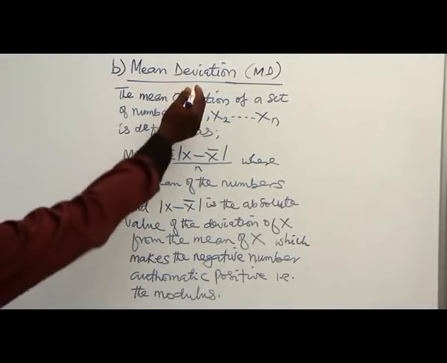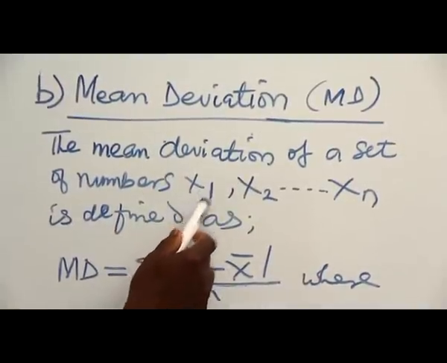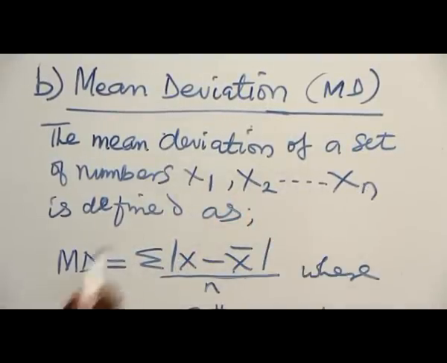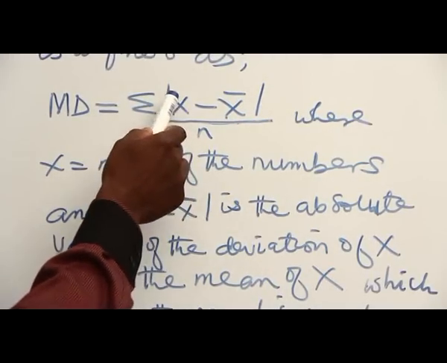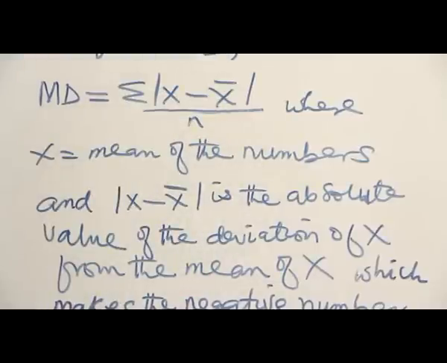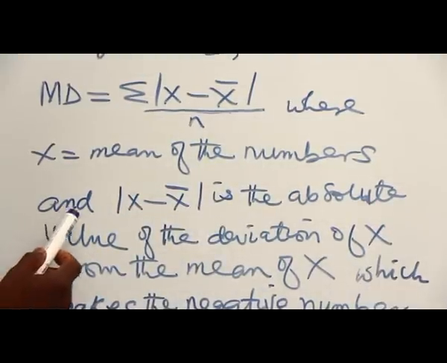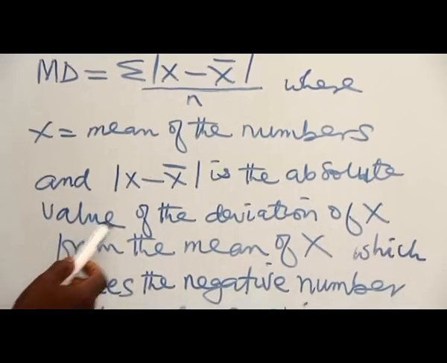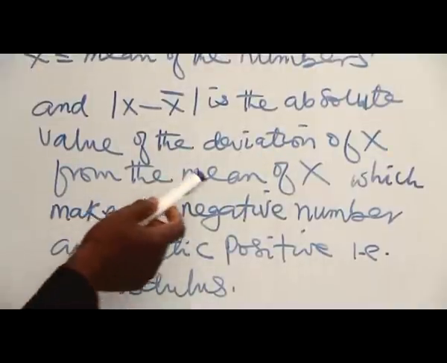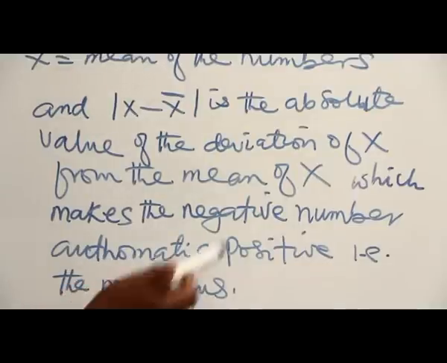B. Mean deviation, MD. The mean deviation of a set of numbers x1, x2 to xn is defined as MD equal sigma bordered x minus x bar, where x bar equal mean of the given numbers, and x minus x bar, which is bordered, is the absolute value of the deviation of x from the mean of x, which makes the negative number automatically positive.